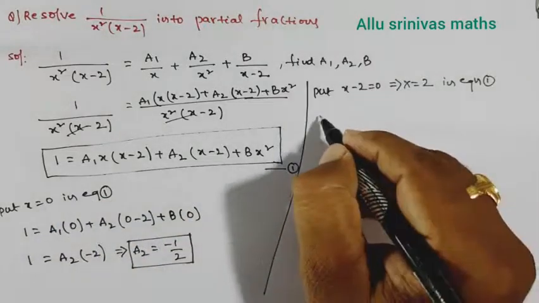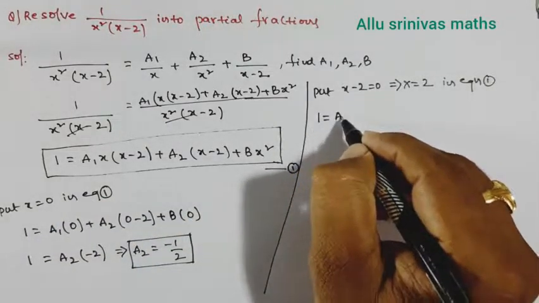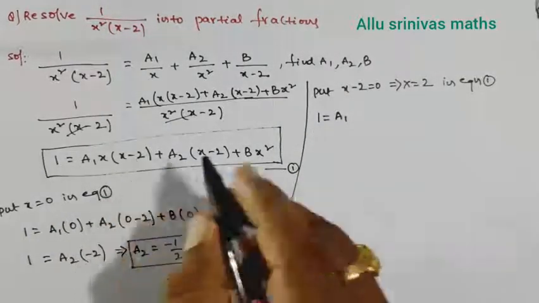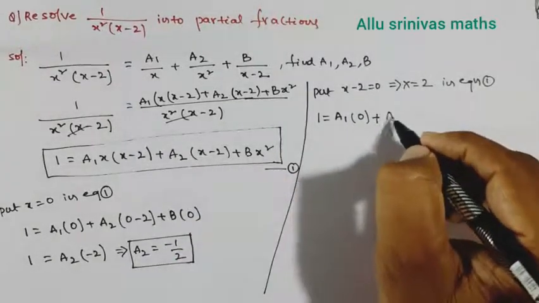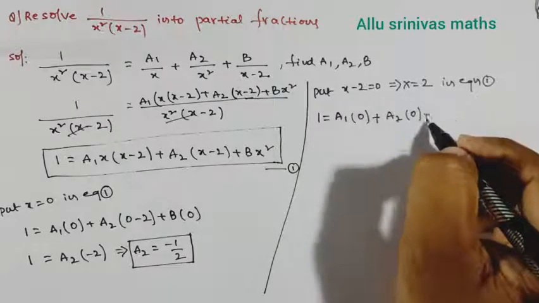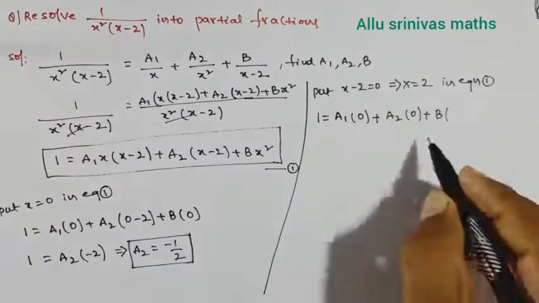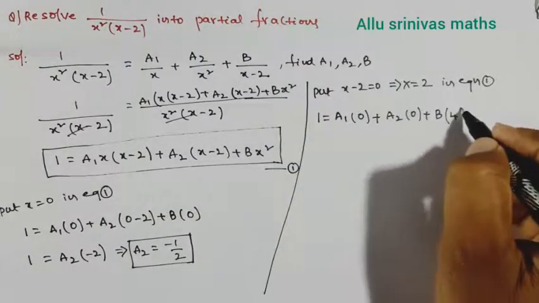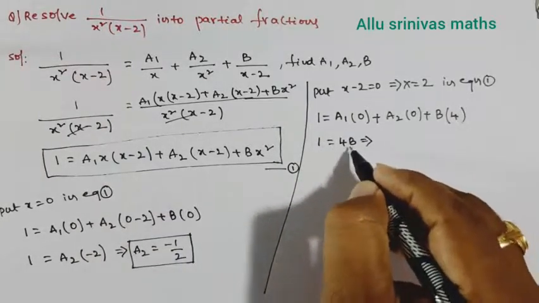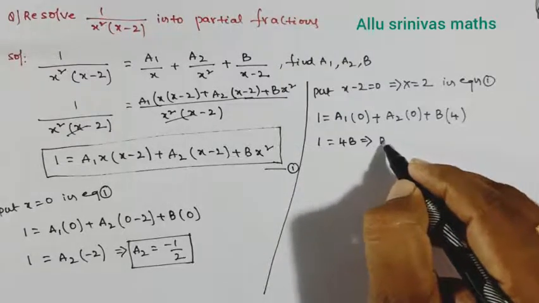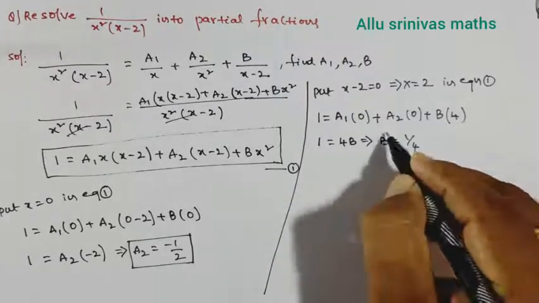Then 1 equals a1 times 2 minus 2, which becomes 0, and a2 times 2 minus 2 is 0, and b times 2 square, which is 4. Finally 1 equals 4 into b. 4 sent to the LHS side, then b equals 1 by 4. This is the required value.